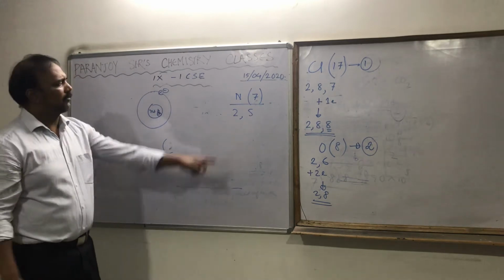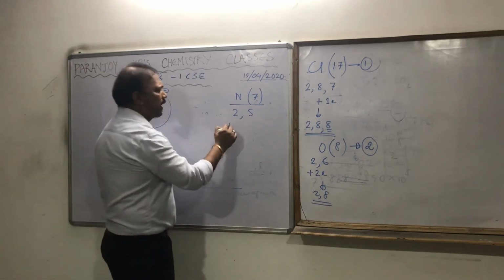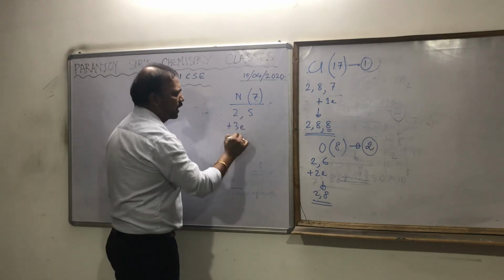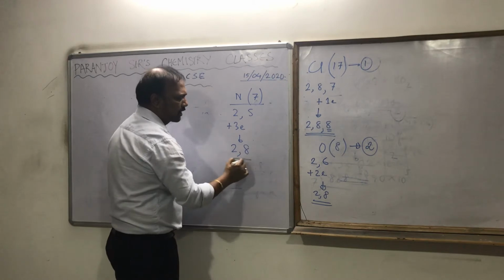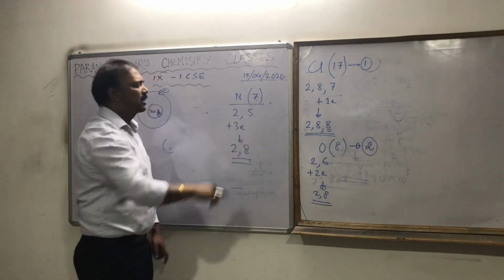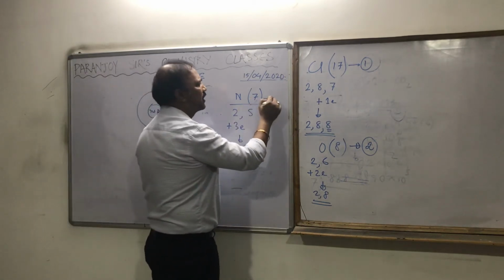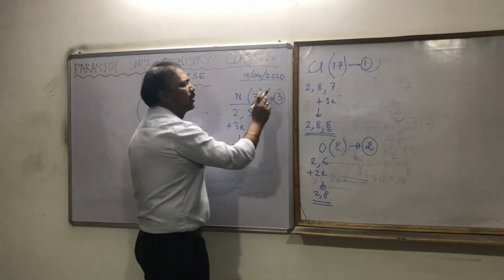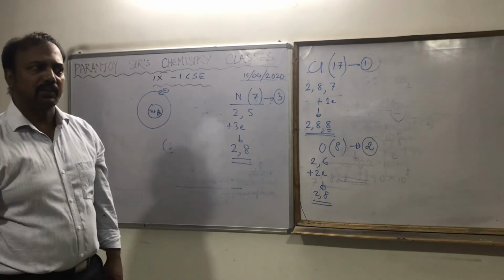Right? So obviously how many electrons does it need? It needs 3 electrons. So it will gain 3 electrons and the electronic configuration will become 2, 8, which is a stable electronic configuration. Becoming stable by gaining how many electrons? 3 electrons. So what is the valency of it? Its valency is 3. So this is happening by either losing or gaining the electron.